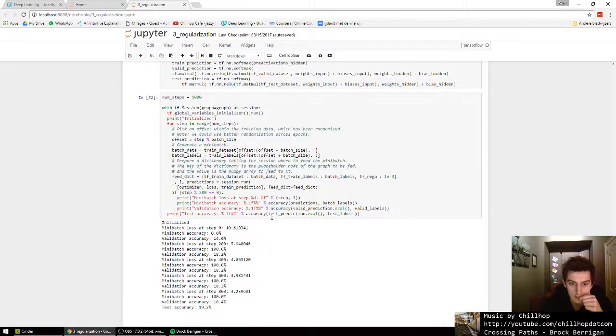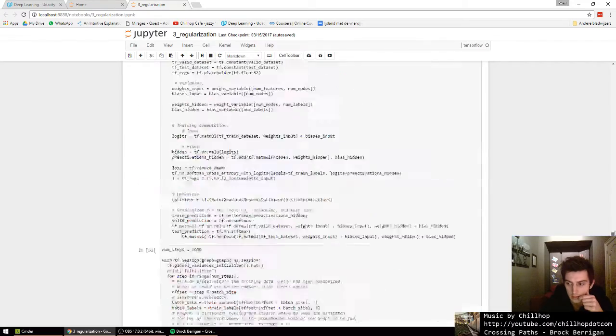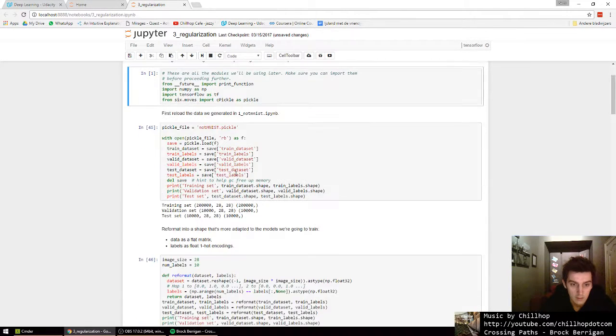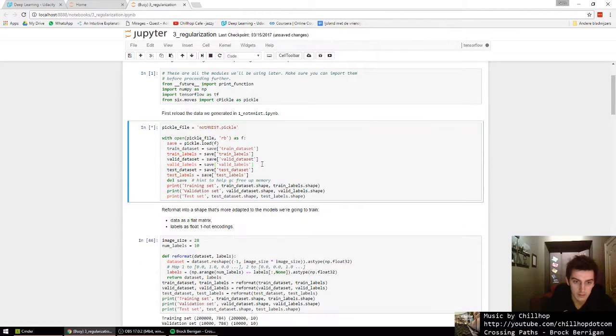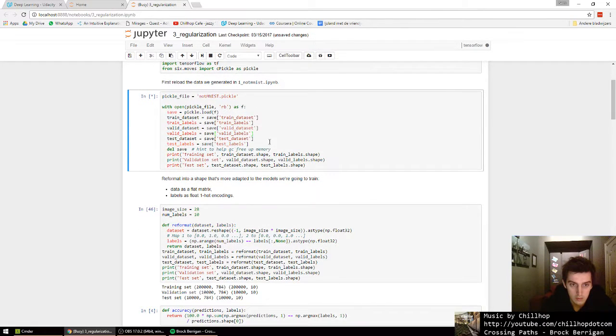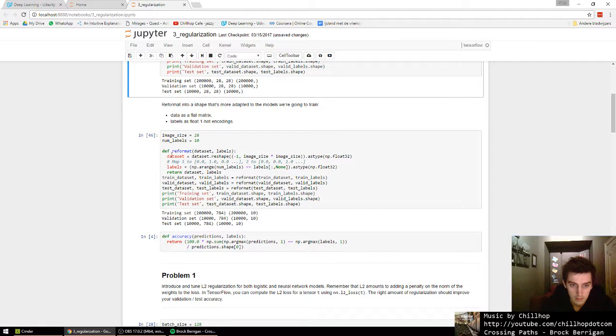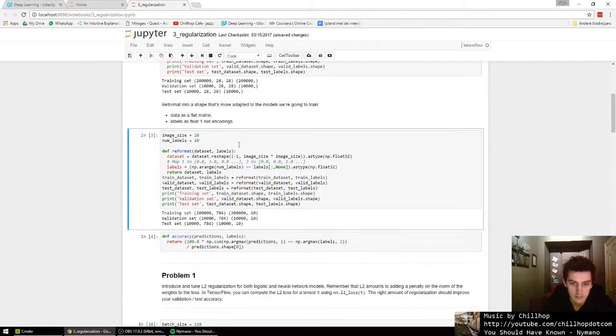These two last steps, those were the ones I still needed to do. Let me rerun some of this. A pickle file. Reformat.